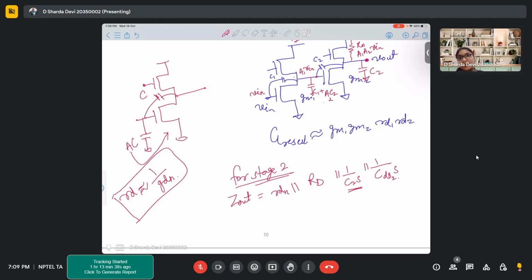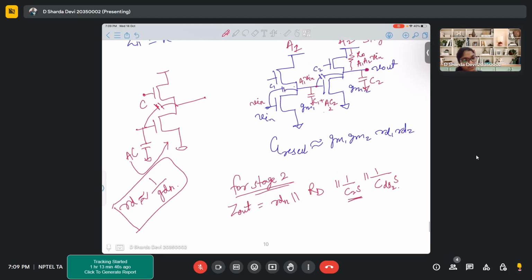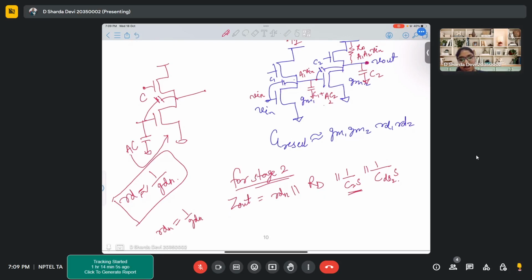Sorry, I'm mistaken. Yeah, RD, you are right in capital. So the RDN and 1 upon GDN are the same. And C2S, CDS2, okay. So there you have to take either RDN or 1 upon GDN. RDN is equal to 1 upon GDN, so you can use them interchangeably. But what I'm saying is the value of RD, we approximately always consider as 1 upon GDN.